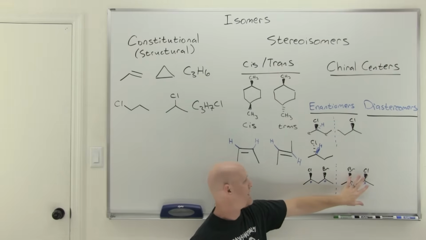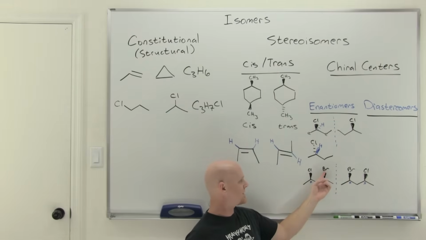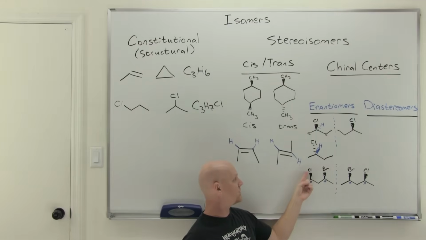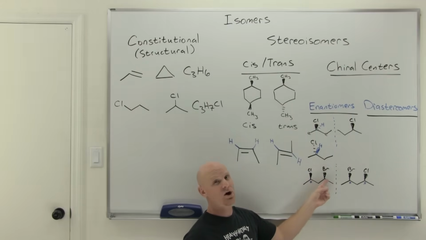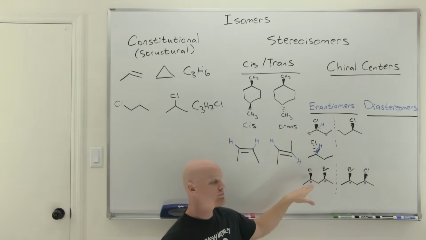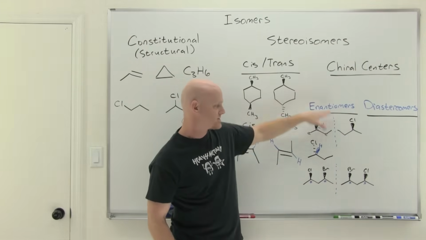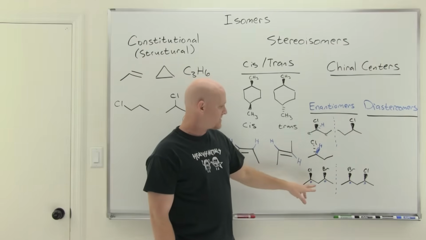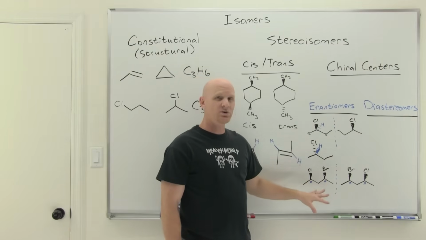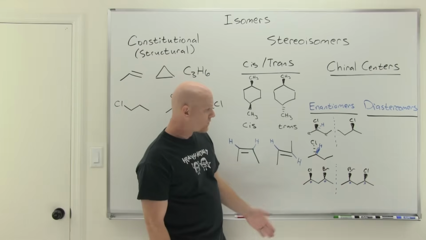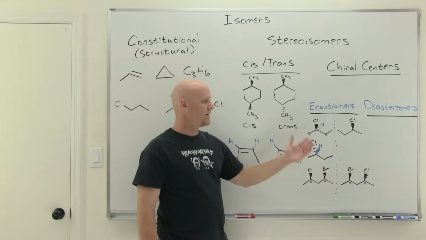If you try to overlap this, and if I flip this over to try and get the bromine in the right place, by flipping it over, now the bromine would be here and the chlorine here, but they'd be dashed bonds, not wedged bonds. They're not superimposable and they're mirror images. These are enantiomers, so still under the enantiomers category. The idea though is that you have to invert every single chiral center for that to be possible, or just draw them as mirror images like I've done here.